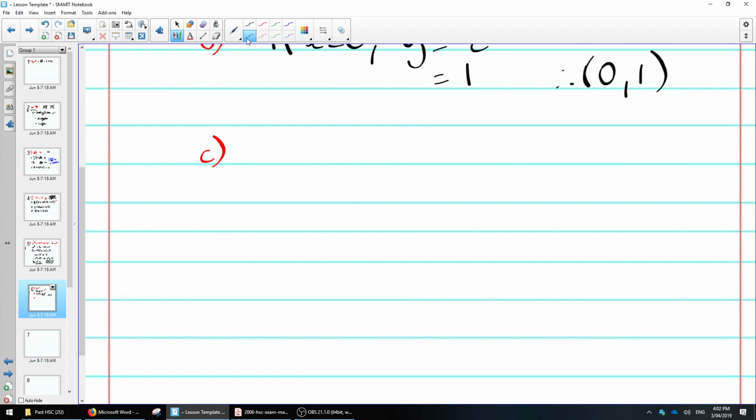So lastly, hence write down a definite integral whose value is the volume of the solid. So what we're saying here is it's being rotated around the y-axis. So here we're going to say V equals that.